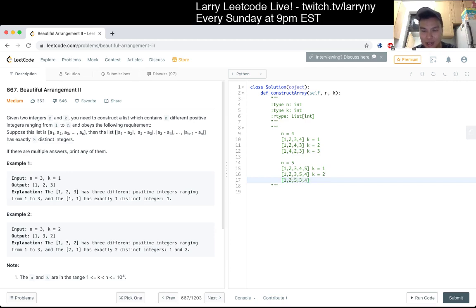Because then you create two extra ones here, 3 and 2. So this is k equals 3, but this is not the way to k equals 4, right? Because this is 1, 2, and then these are the same. So you would need another difference, which is 4, 3, right?